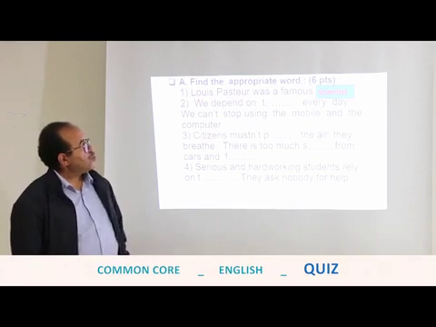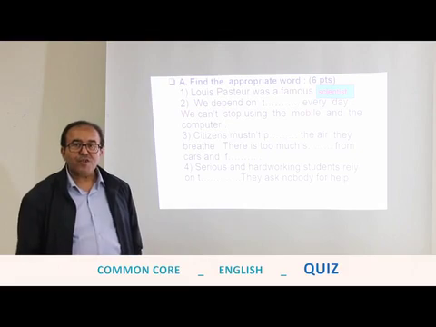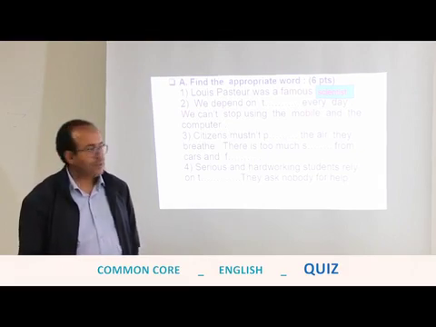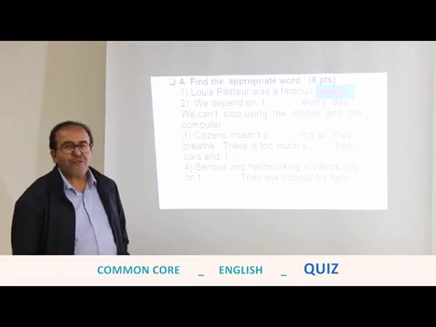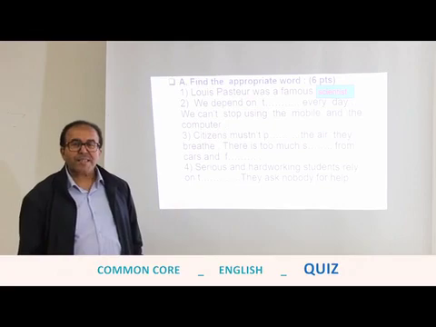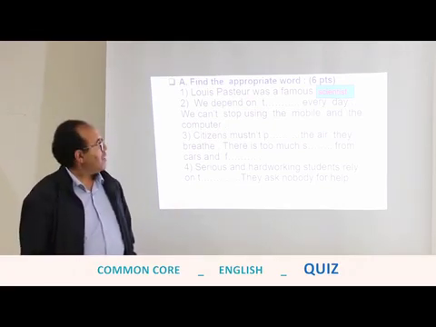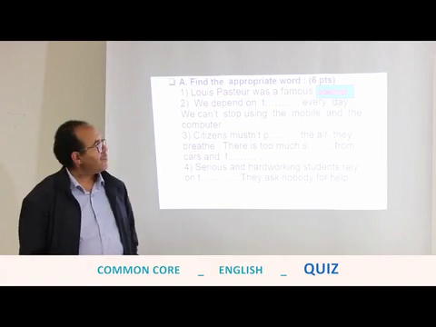Next one, "we depend". Synonym of depend: we depend on or we rely on every day. So, we can't stop using the mobile and the computer.